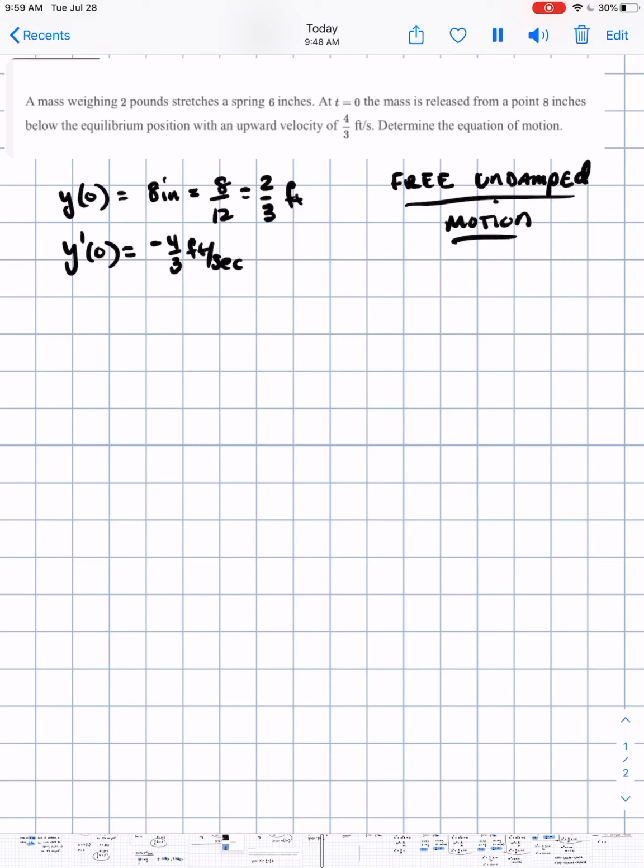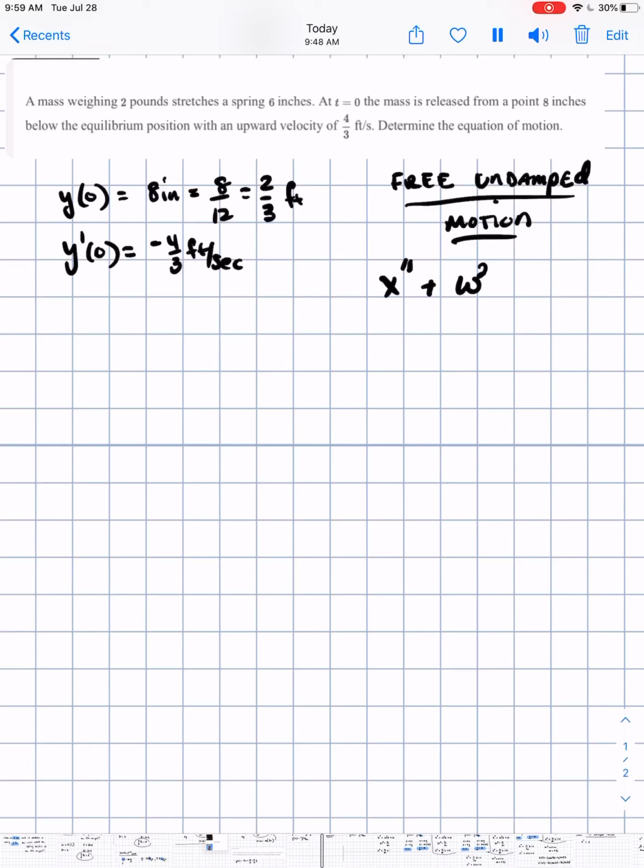And it's also just solving the differential equation. When you see this, it's going to be x. They want you to use x, but if you use y, it's all right, just be careful when you plug into the problem. So you have the second derivative plus w squared x equals 0.